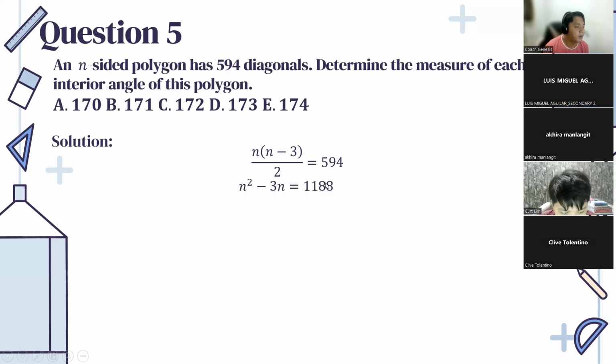So when you multiply both sides by 2, you'll get n squared minus 3n is equal to 1,188. And when you factor, you'll get n minus 36 multiplied to n plus 33, which will give you n is equal to 36. So n is equal to negative 33 is not applicable.